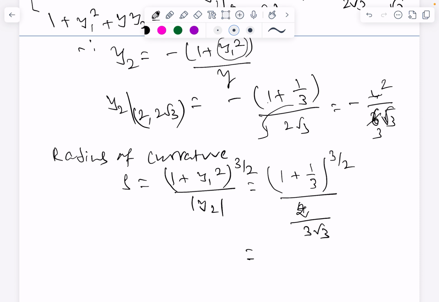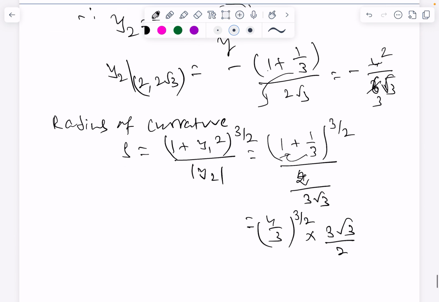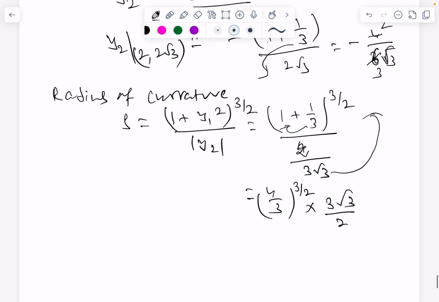And so this is equal to 3 plus 1, 4 by 3, power 3 by 2, into 3 root 3 by 2. This is the numerator. Now let us simplify.